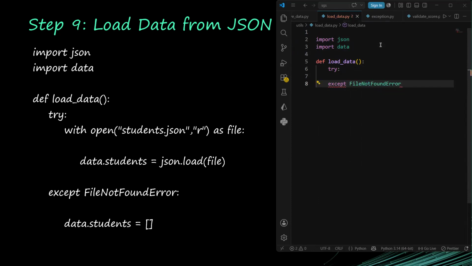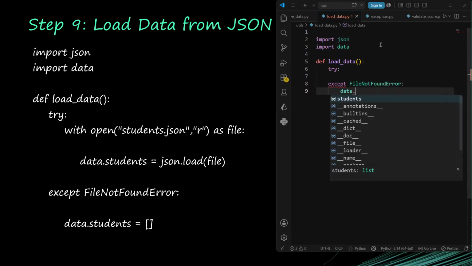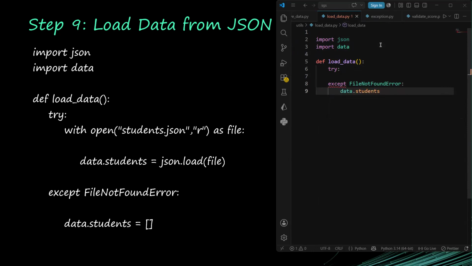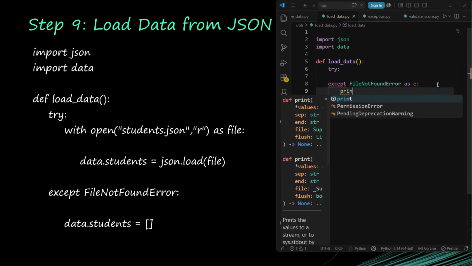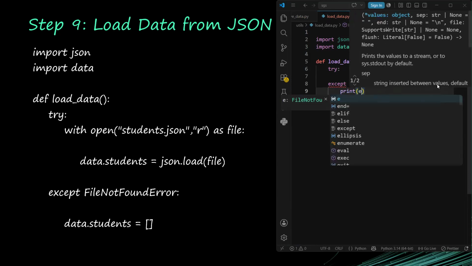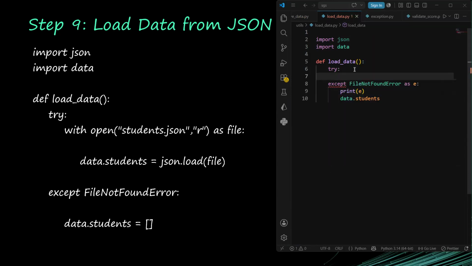We are expecting that there could be a file not found error, and if there is, we just want to catch it. And while we are doing that, we might just tell our user that something went wrong. So we can just say print E. It will tell the user that the file was not found.